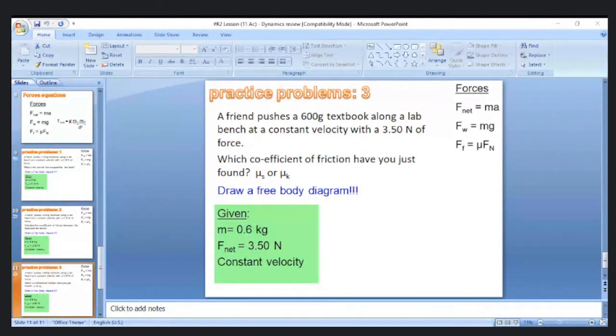Was it the coefficient for static friction or the coefficient for kinetic friction? Static friction, remember, is the amount of force required to get a stationary object moving, and kinetic friction is the friction that exists while an object is in motion.